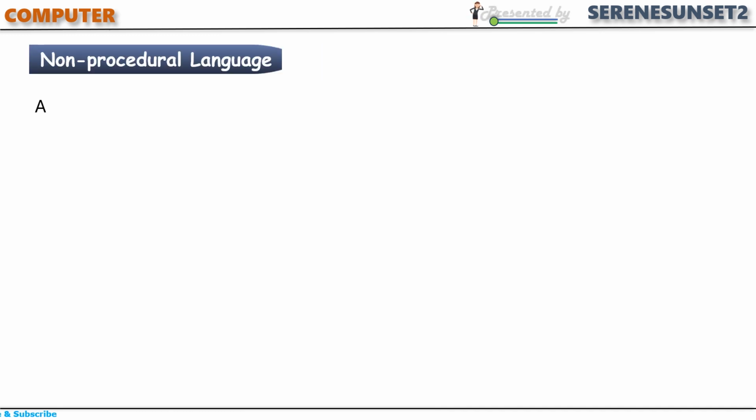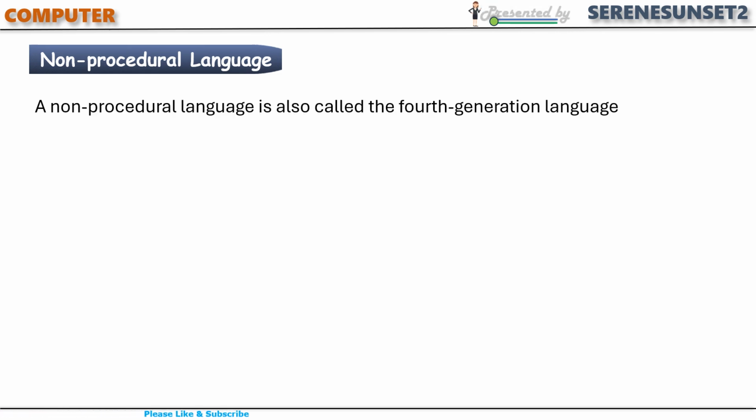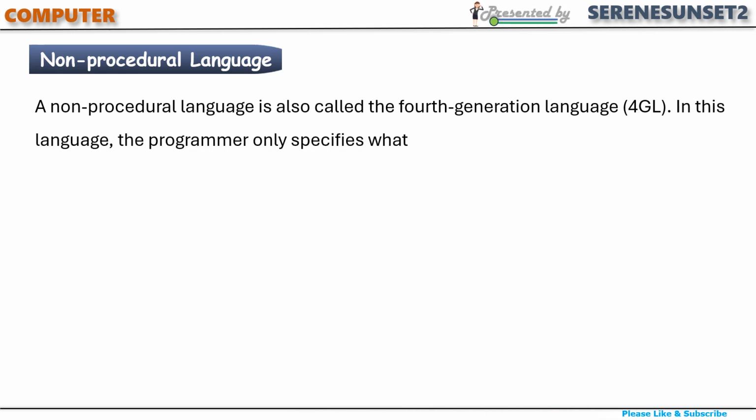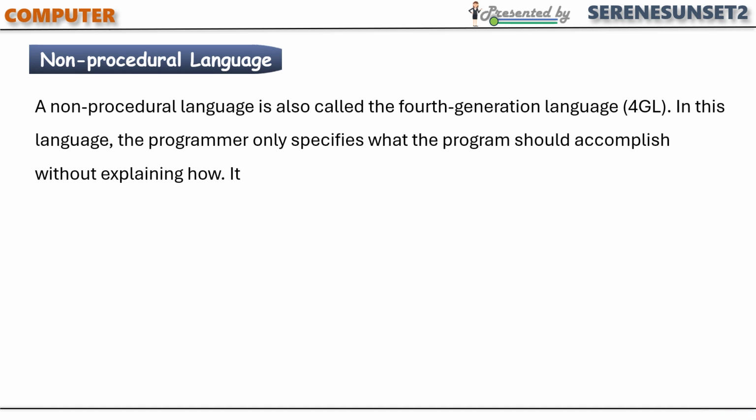Non-procedural language. A non-procedural language is also called fourth generation language, 4GL. In this language, the programmer only specifies what the program should accomplish without explaining how, and it uses English-like statements.